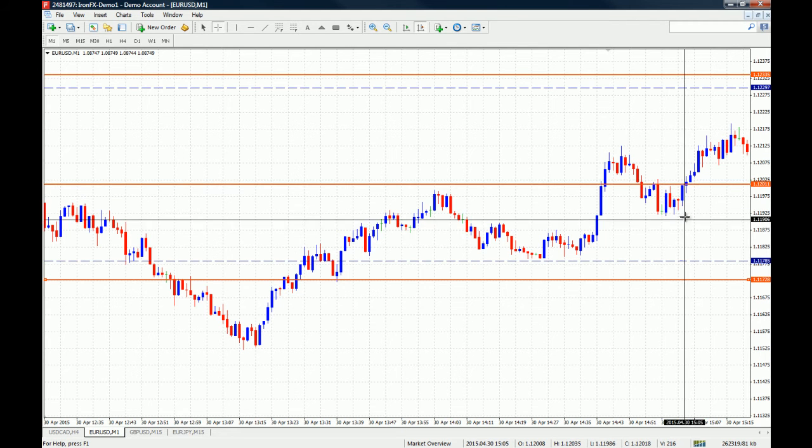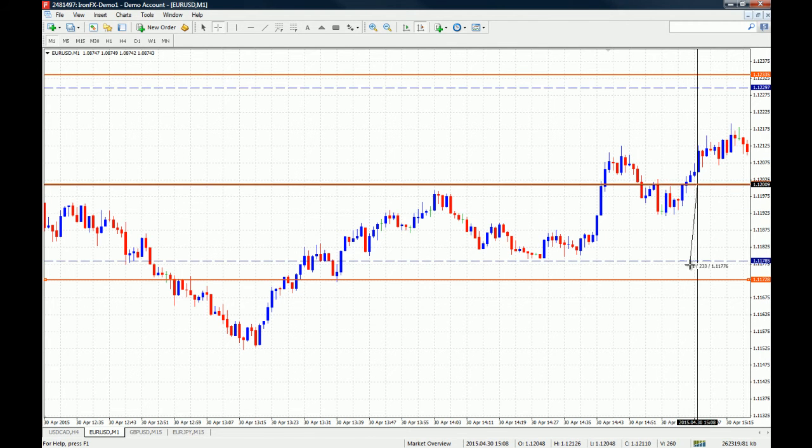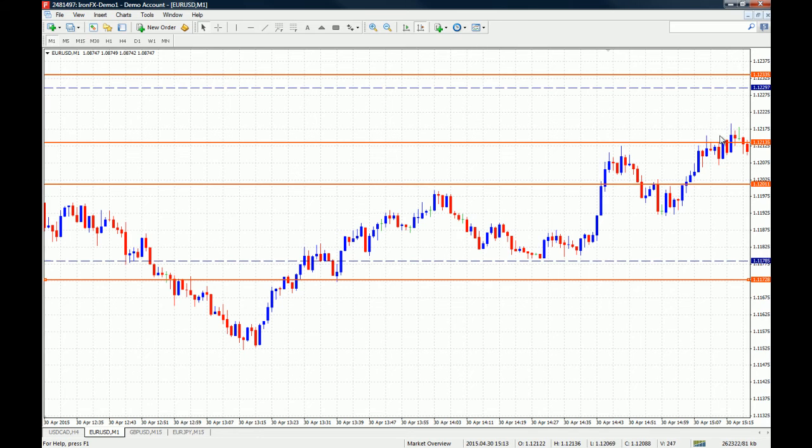This gives us a nice 26 pip stop loss. The same goes for the long side with this high. If we break to the upside and retest these highs as support and then go back up, it's fine. But if we break below this level, now being tested as support, we need to get out because the long idea is invalidated, and we have a 20 pip stop loss.